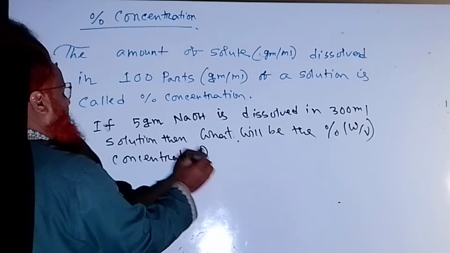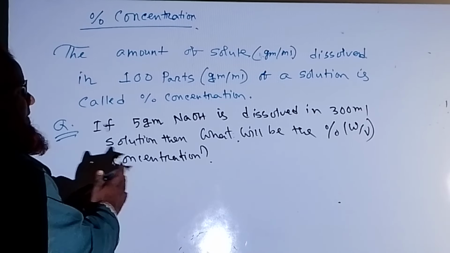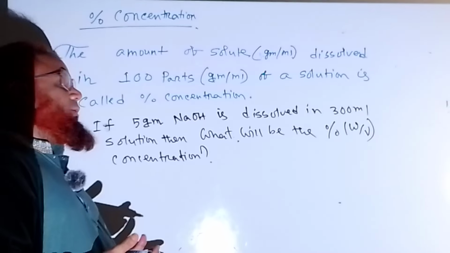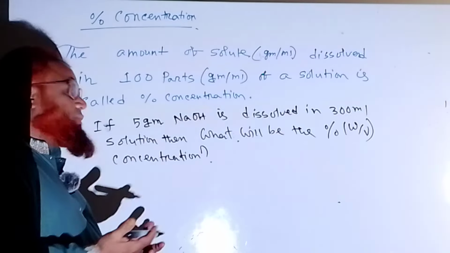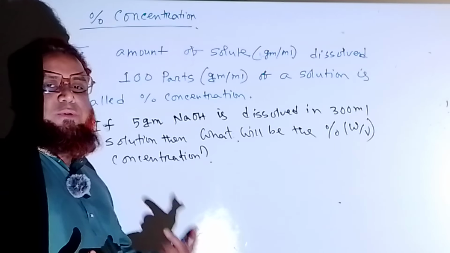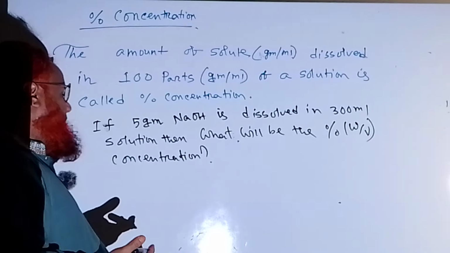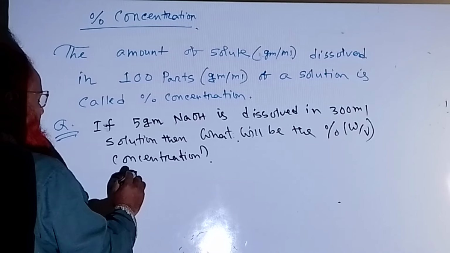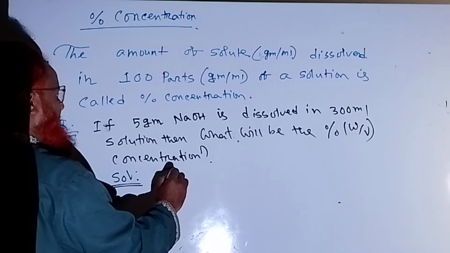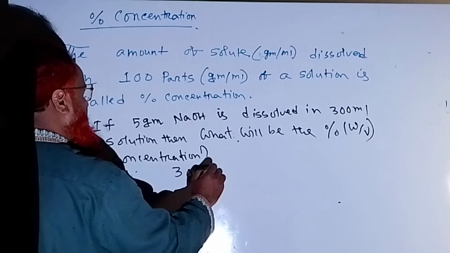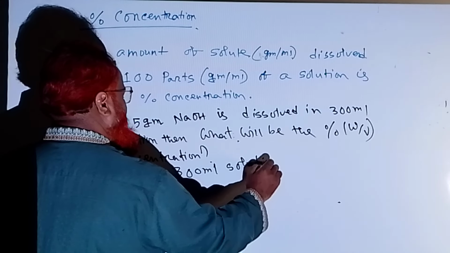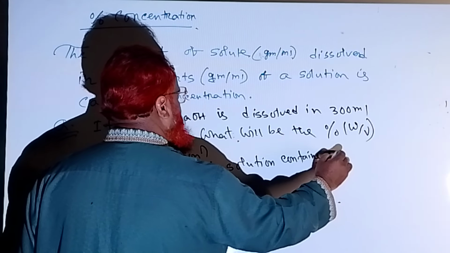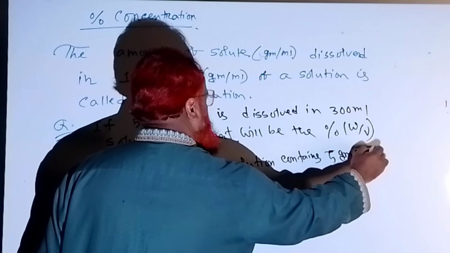Wait, my dear student. Now, if we want to solve this math, we can do it through manual calculation and also through the formula. Firstly, we will do the manual calculation, then from this manual calculation, we can derive the formula. Okay, now solve. 300 ml solution contains 5 gram NaOH.